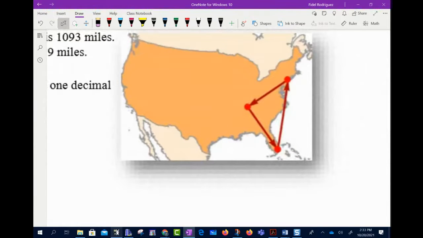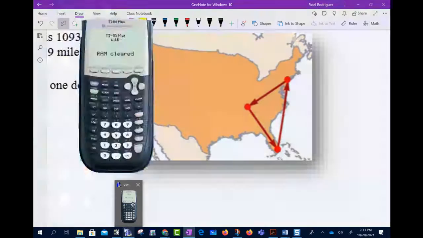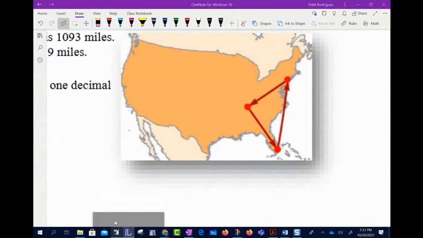All right. So we're talking about Nashville, New York, and Miami. Okay, so let's see if I can get rid of this part here. Close that part. I don't need it. All right. So which one is Miami? The south one. Okay, so we're going to go like this. I'm going to call that M for Miami. Which one is Nashville? The western one here is Nashville. And then we all agree that this is going to be NYC?